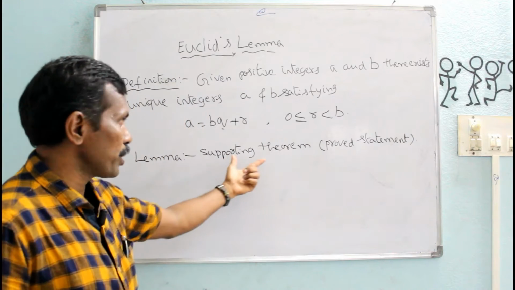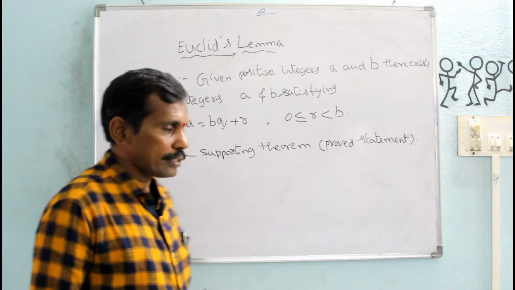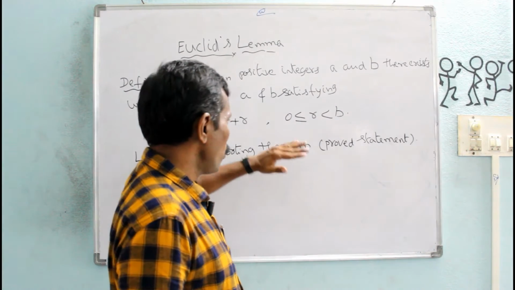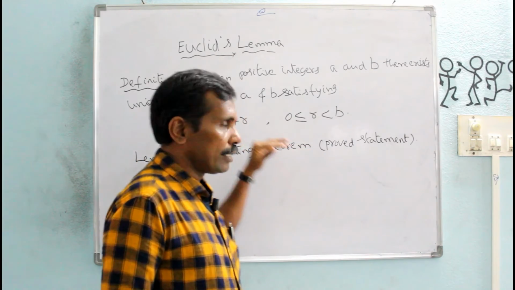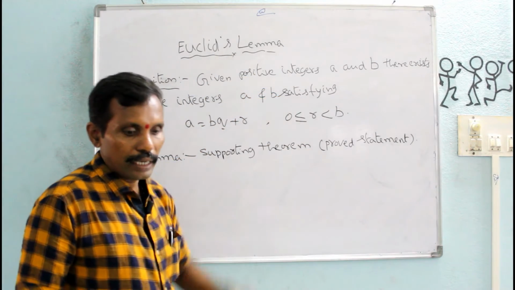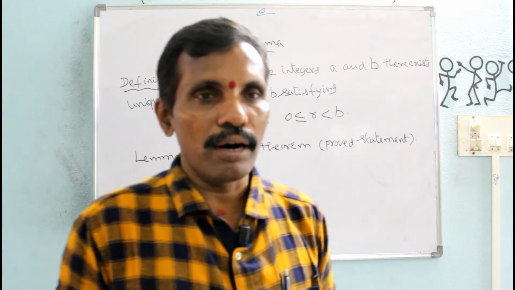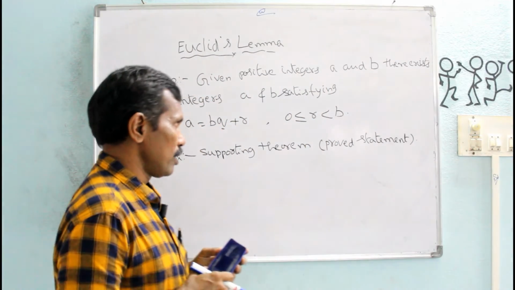A lemma is nothing but a supporting theorem or a proved statement. Why are we using Euclid's lemma in real numbers? In real numbers, we can use Euclid's lemma to find the HCF in an easy manner.